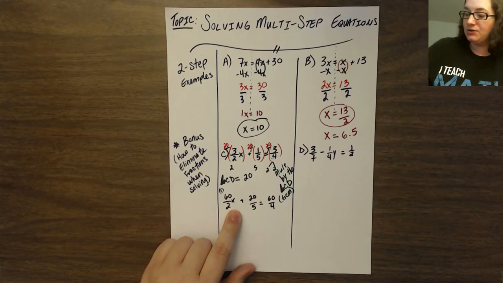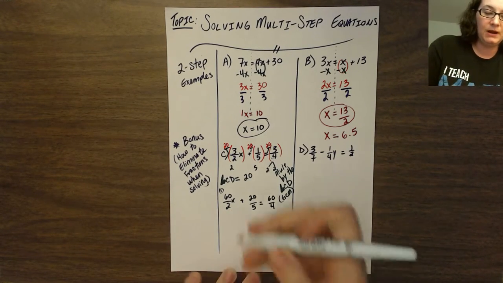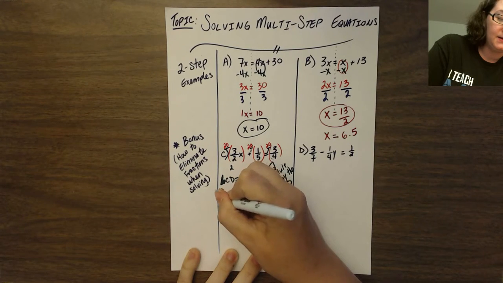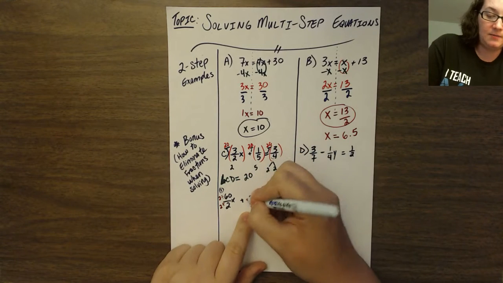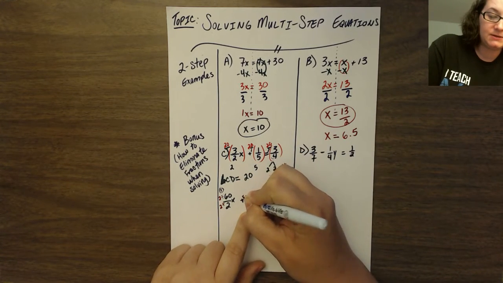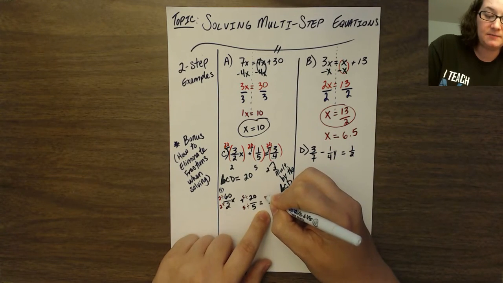And now I could actually go through and reduce. I'm going to divide by anything they have in common. And what you'll notice is that the number that these both have in common is going to be what your denominator is.